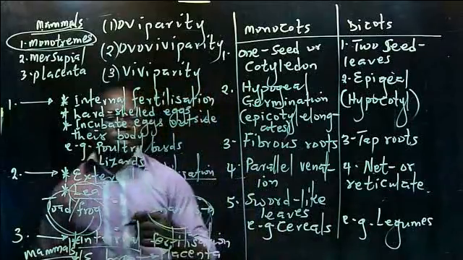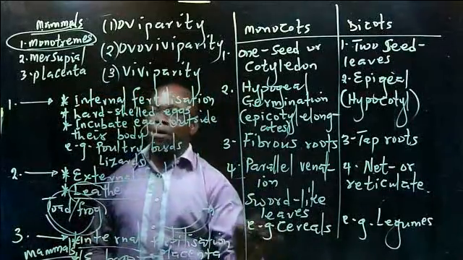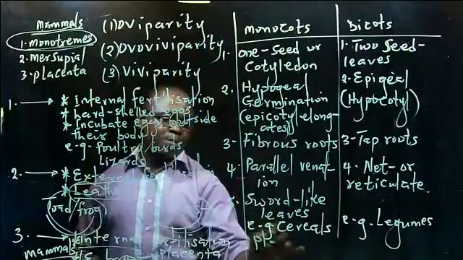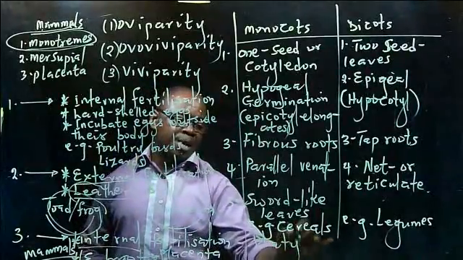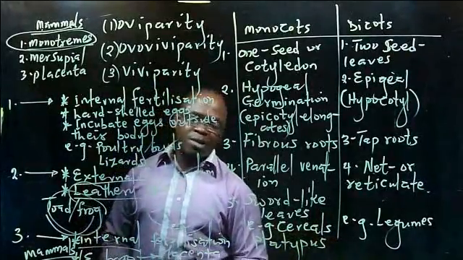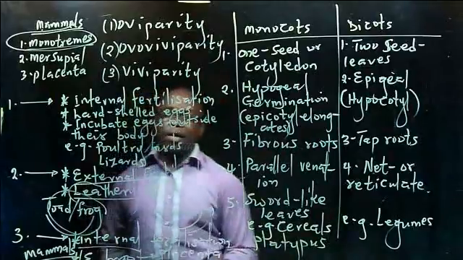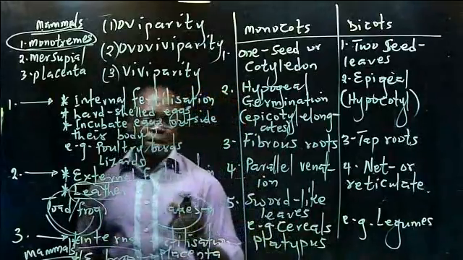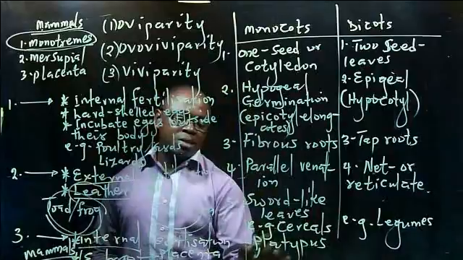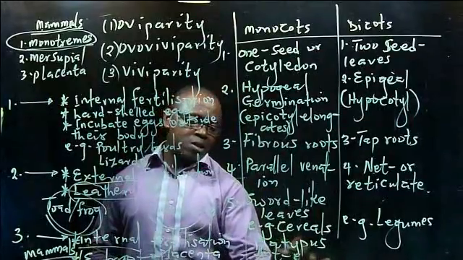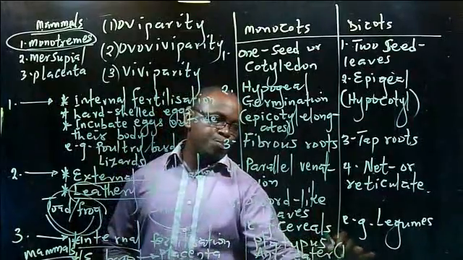Now, what are the examples? We have the platypus. Platypus is an animal that has a beak like that of a duck. Platypus is a monotreme. It's a mammal. It doesn't give birth to its young one alive. It lays eggs. Then we also have the scaly anteater, which is commonly called pangolin.